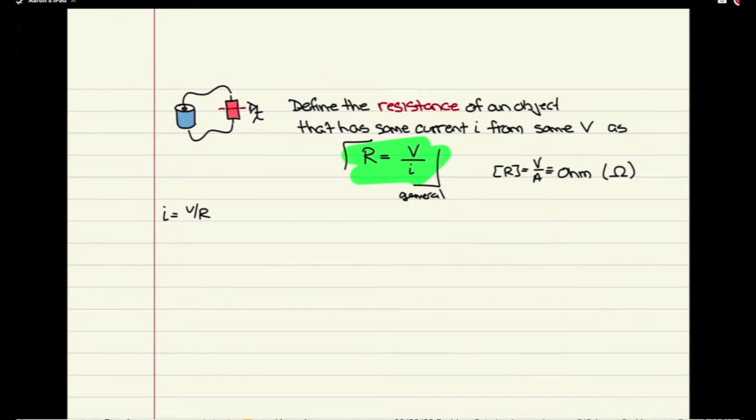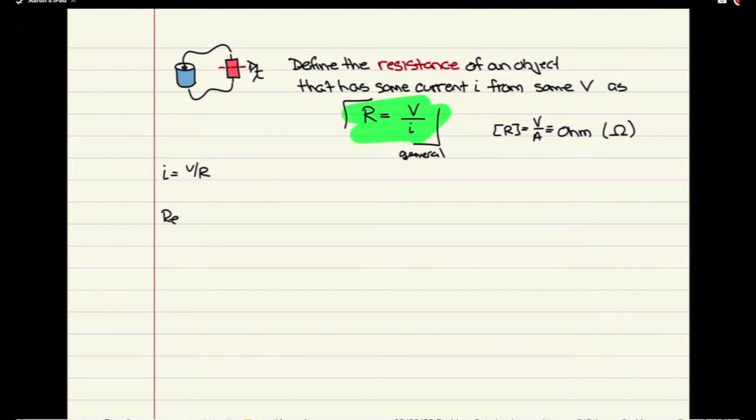Now resistance, much like capacitance, is a property of the object. In this case, glass is an insulator.